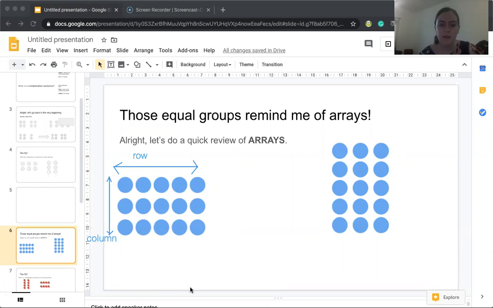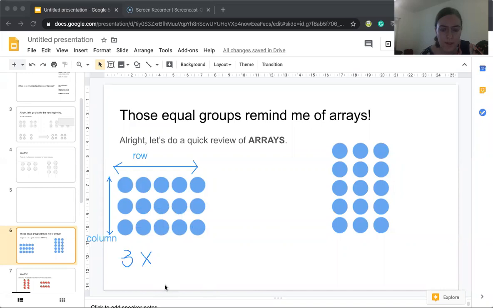So I'm going to take a look at this, and I'm going to count, and I'm going to say, how many rows do I have? I have one row here going across, I have one row here, and I have one row here. So I'm seeing 3 rows. Where's my multiplication symbol? Now I'm going to look at the columns.